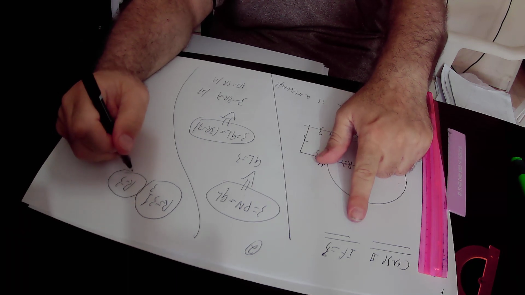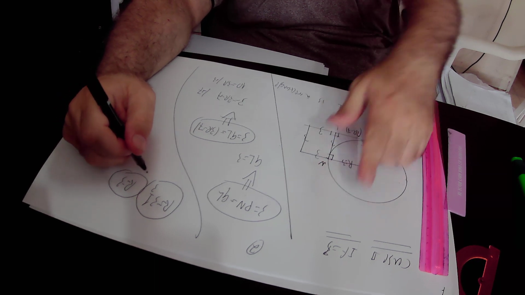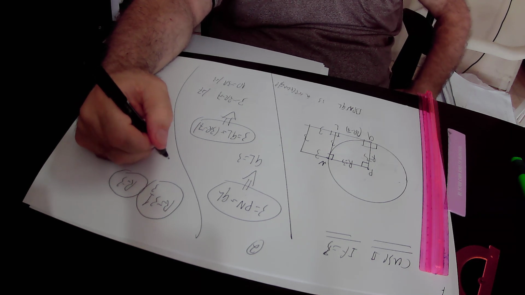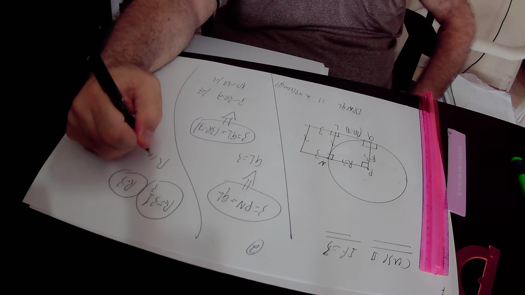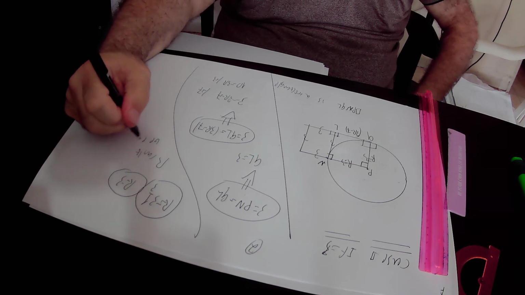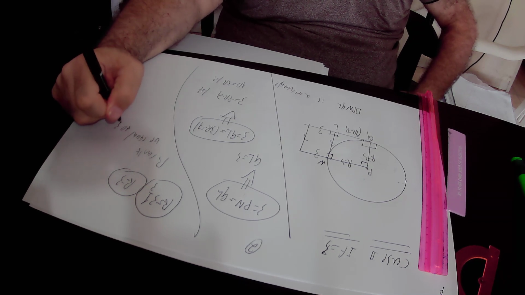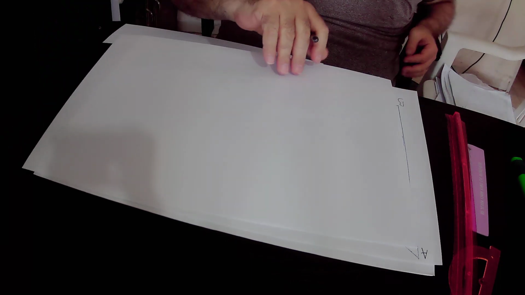R cannot be both equal to 3 and 3 and a third. Therefore, due to the contradiction, we cancel the second case. R cannot be equal to 3. So we are left only with the third possibility that R is greater than 3 units.